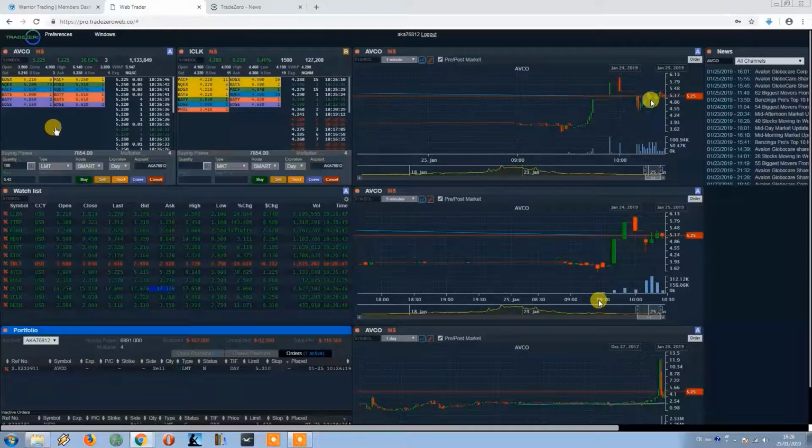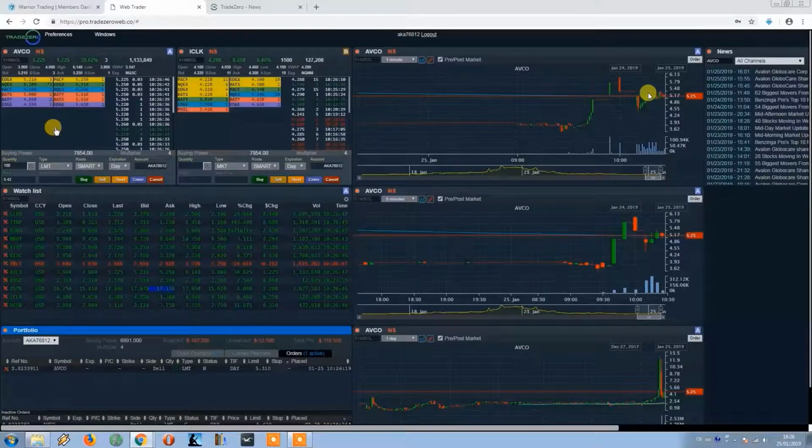So then I tried selling in around here. My sell order didn't get filled. So as it started fading again, I sold the remainder of my position, my second position, for another $40 loss. Very frustrating. Now let's move on.